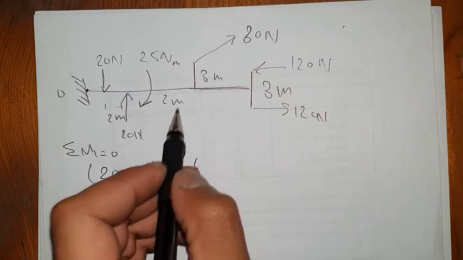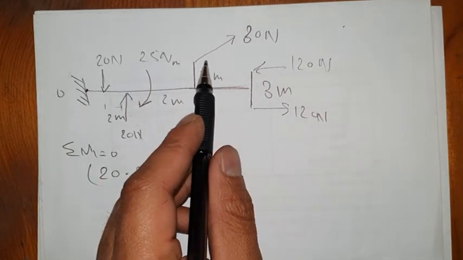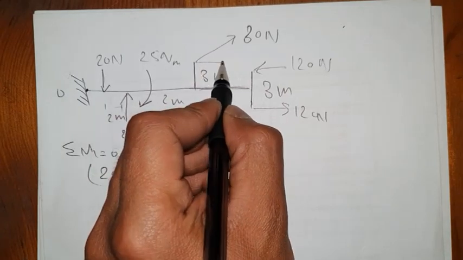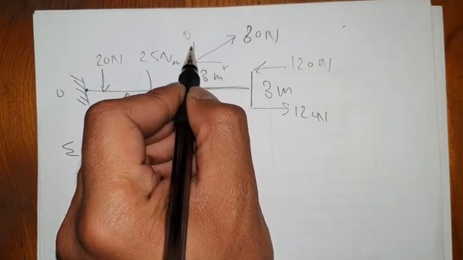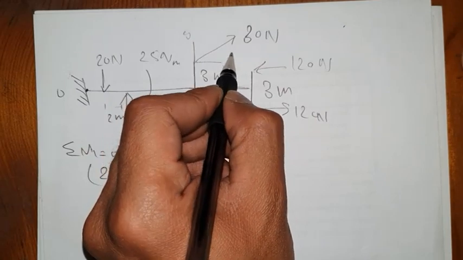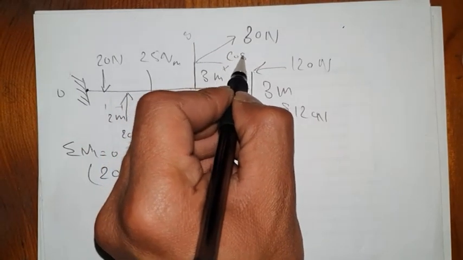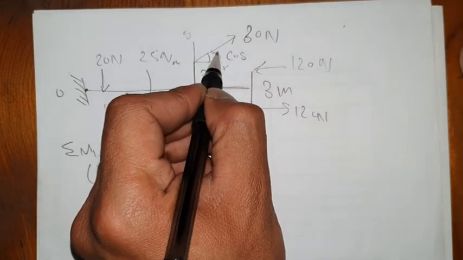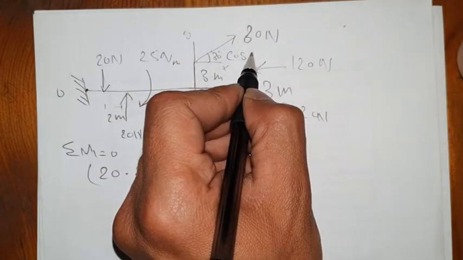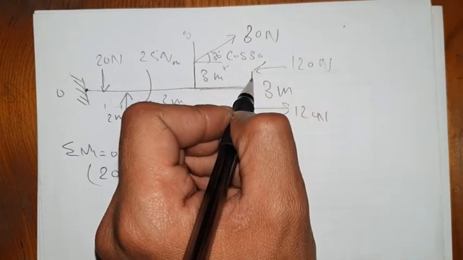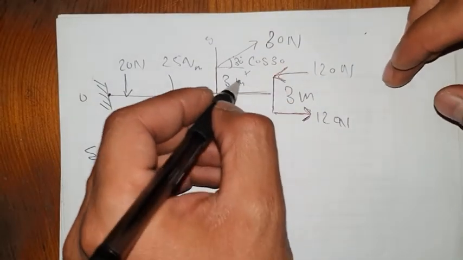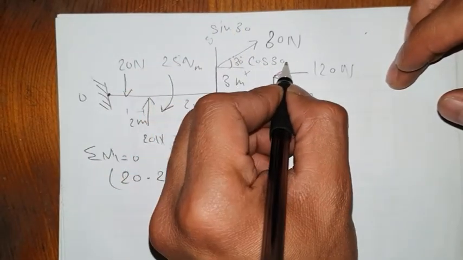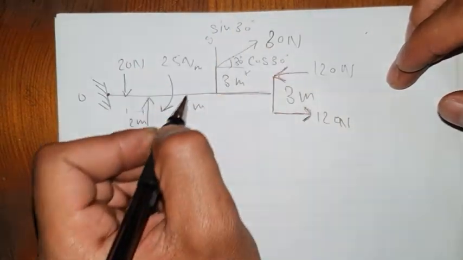So here we have this force. We have to divide this force into its components, the x component and the y component. The x would be cosine of the angle. The angle is 30 degrees. So cosine of 30 degrees for the x component, and for the y component it's sine of 30 degrees.